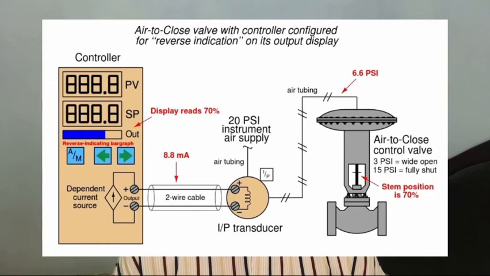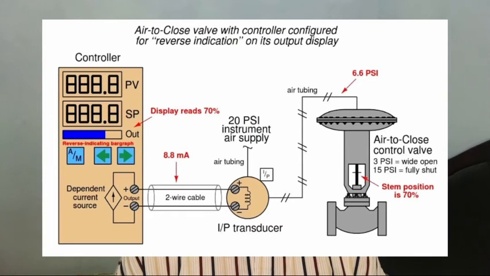It should be noted that the direct or reverse indication on the controller's faceplate is unrelated to the direct or reverse control action of the controller's algorithm. The former is merely the way in which the output signal is graphically represented to the human operator, while the latter is the relationship between the process variable signal and the controller's output signal necessary for negative feedback control.